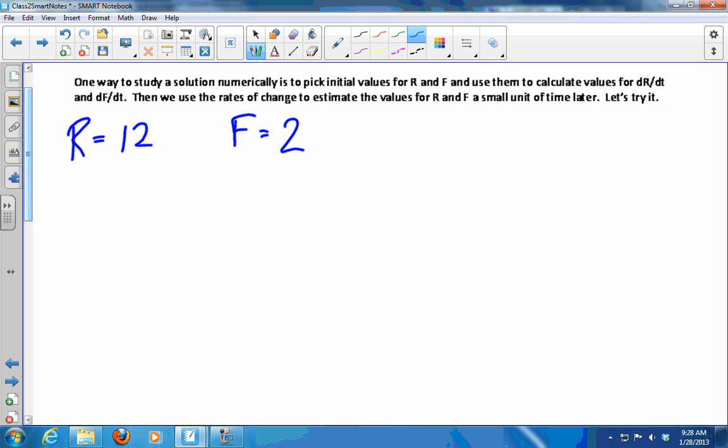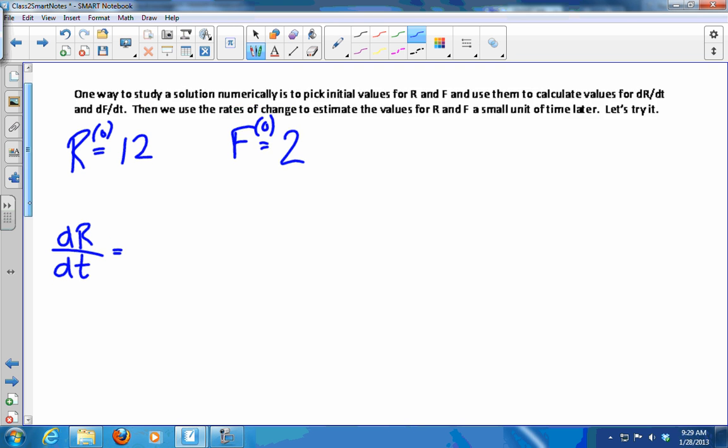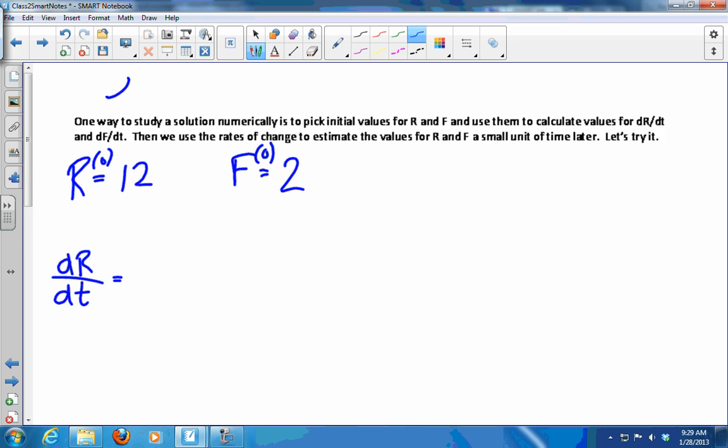So I should say this is R of 0 and F of 0. So that means that dR/dt, and let's let alpha, beta, gamma, and delta all be 1, just to make the calculation a little easier here.